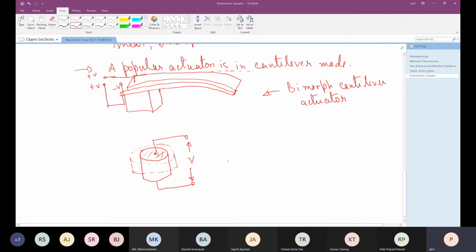So it will have a circular vibration in the radial direction. Here the deformation is in the radial direction.